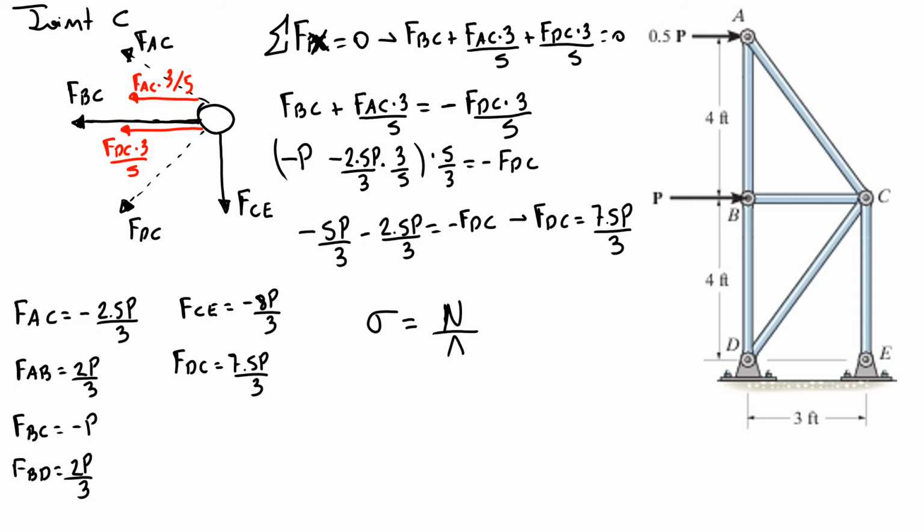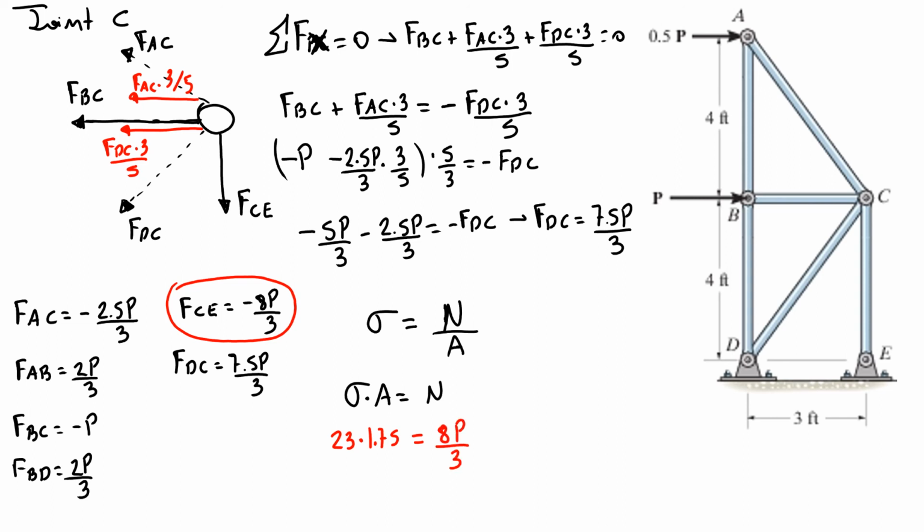N, over area. So we have to discover what's our maximum force that can be applied. So I use normal stress times area is our normal force. Which normal force do I have to use? I have to use the biggest one because I want to find my maximum load that I can use. So I know that 23 ksi times 1.75 inches squared is equal to 8P over 3.